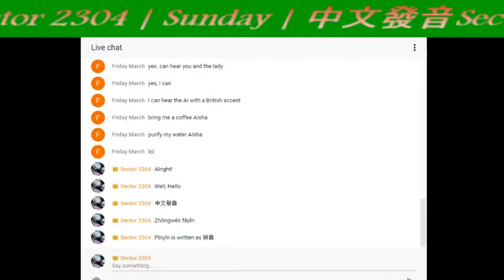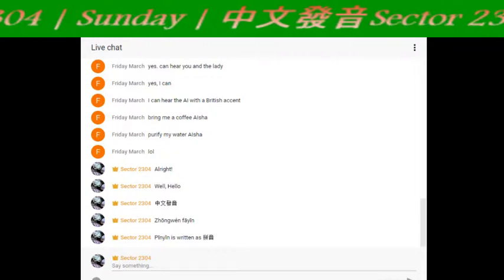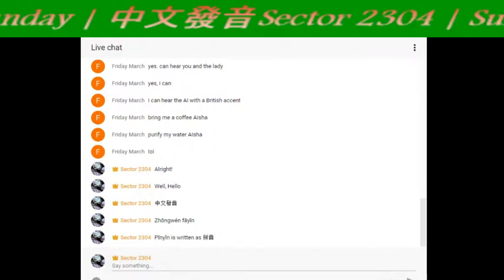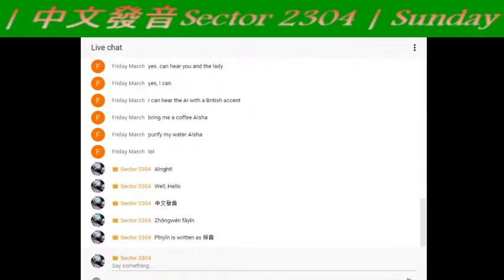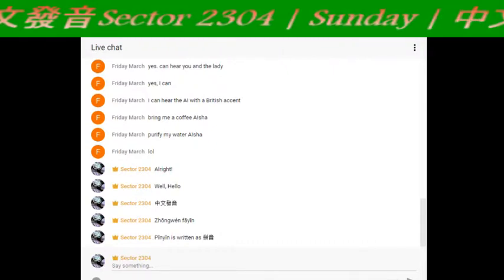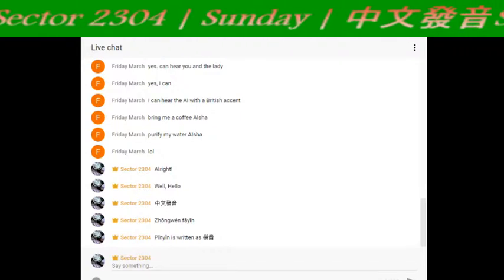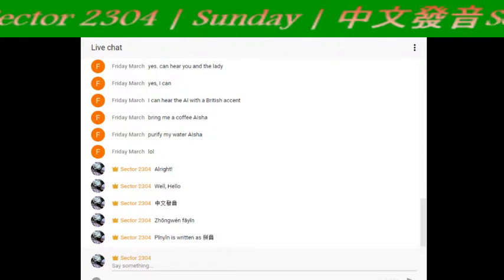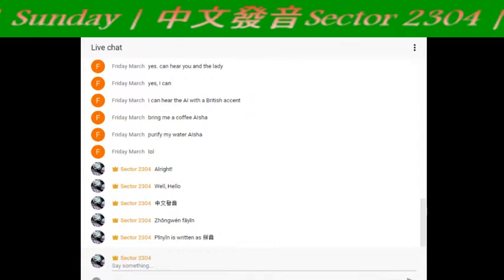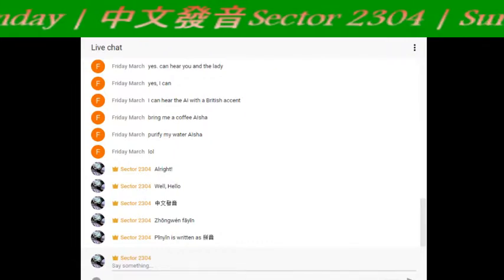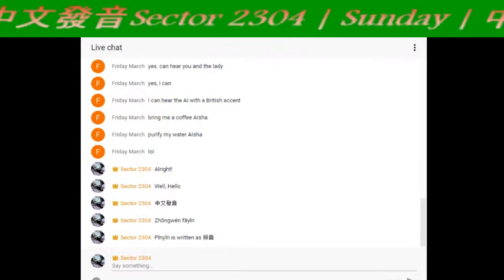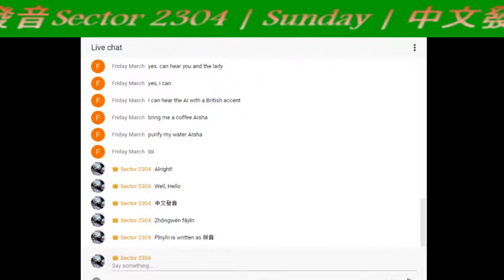But it's not really that difficult if you can just get over the shock of it being so different, even though it's really not that different, because there are similarities. Pinyin is the way you write Chinese down using Latin scripts. And so this is going to help us, being that we're well versed in English.